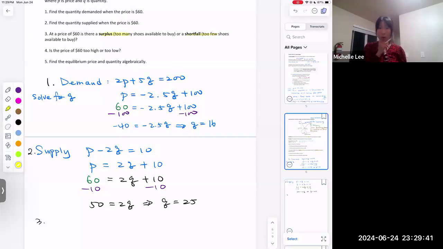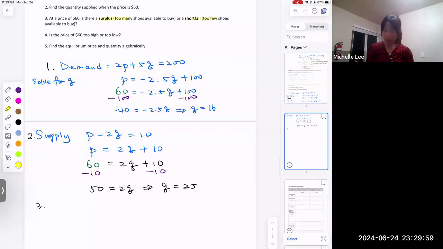So what do you think about this one? So this one is too many shoes because we have more supply than the demand, right?